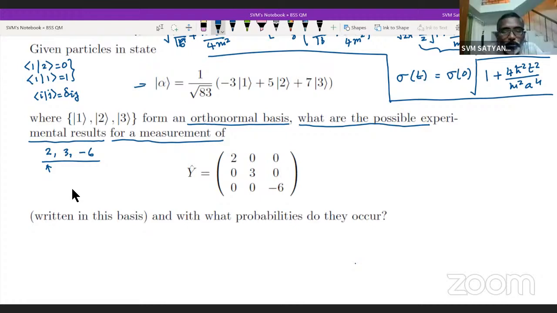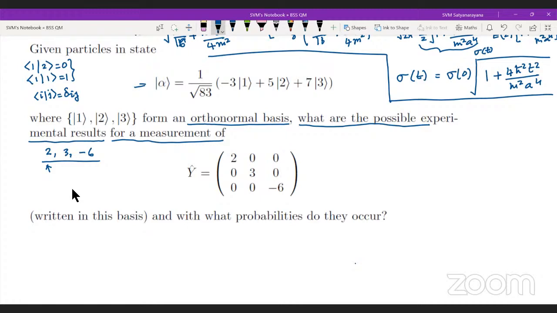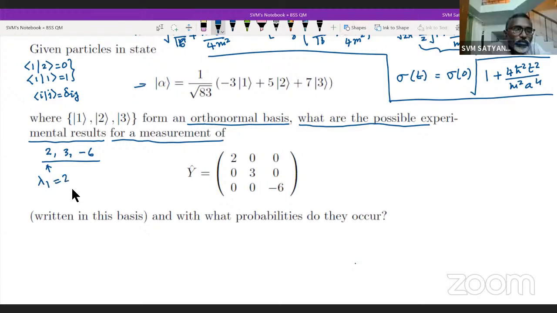How do we do it? The eigenvectors are also obvious from the matrix. So let us ask Abhijit, what are the eigenvectors? Let's say lambda 1 is equal to 2. What is the corresponding eigenvector V1?